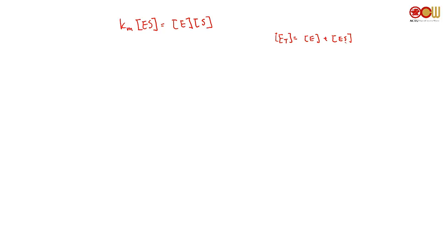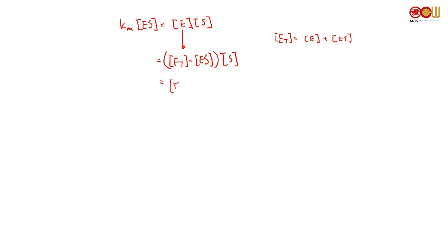Remember, I want to get rid of concentration ES. I don't want to see it anymore. So E here is equal to E total minus ES, this whole thing times concentration S. So that's still equal. And then we're going to break that out.